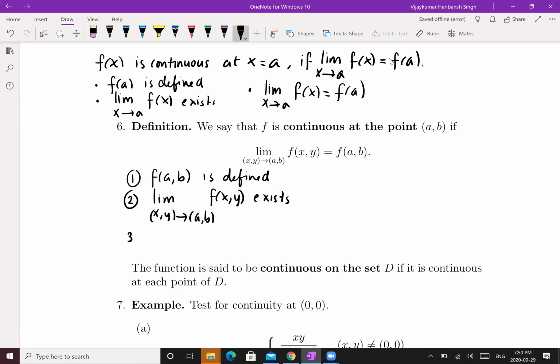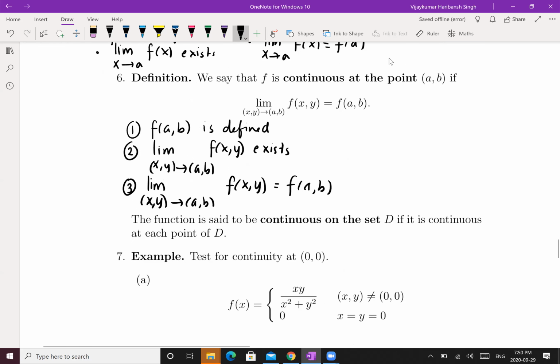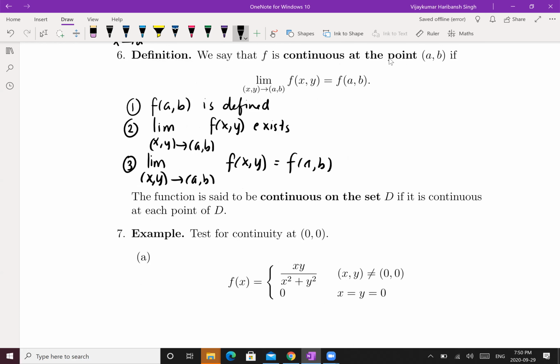And third, that this limit of f of (x,y) must be equal to f of (a,b). So when these three things happen, we say the function is continuous. Also, we say a function is continuous on a set D if it is continuous at every point of D.